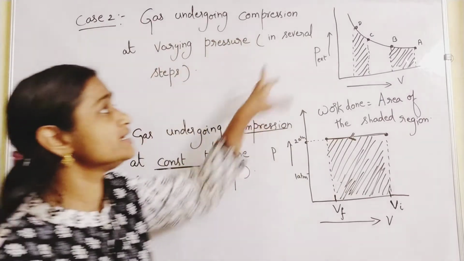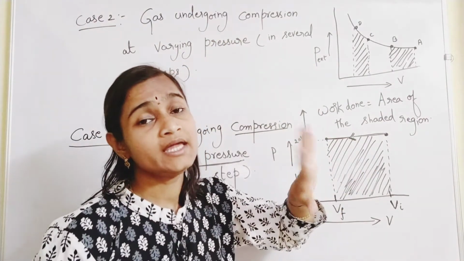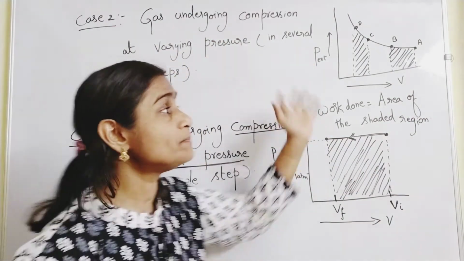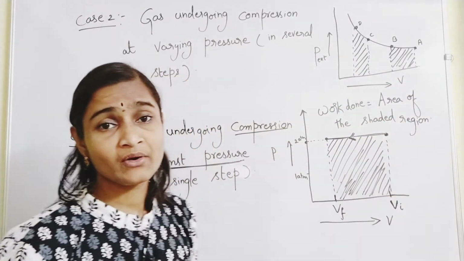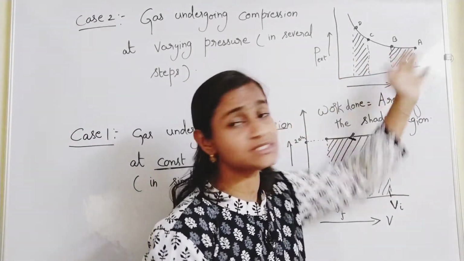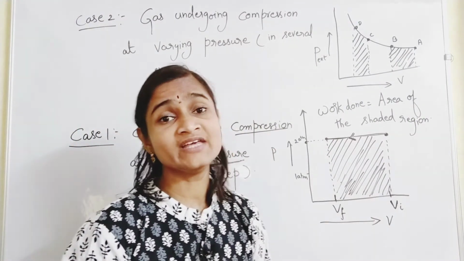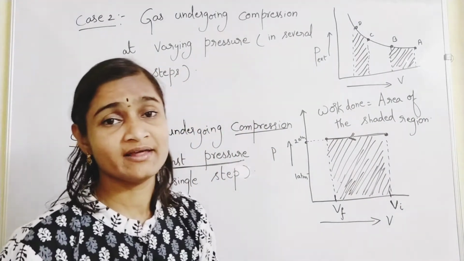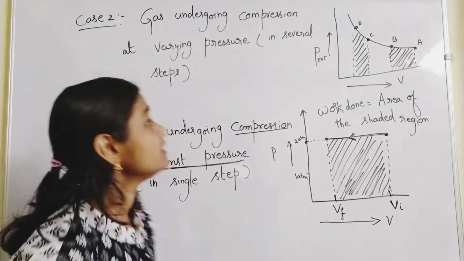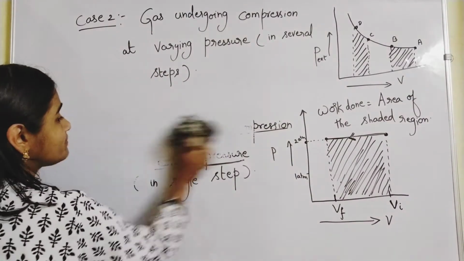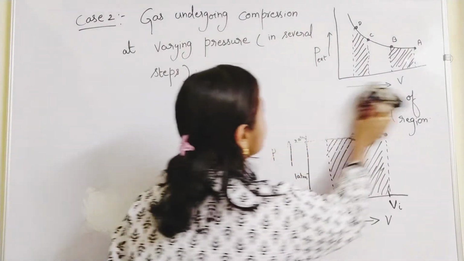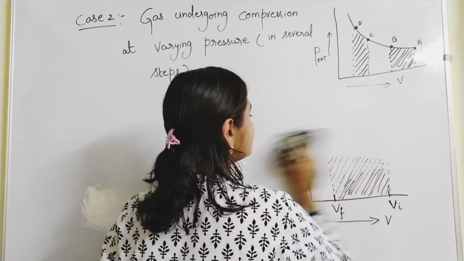In whatever steps it is undergoing compression, sum up all those areas. Find out the areas in these cases and sum up all the areas. That will give you the amount of work done. Right? So here, work done in case 2 is also the area under the curve only.